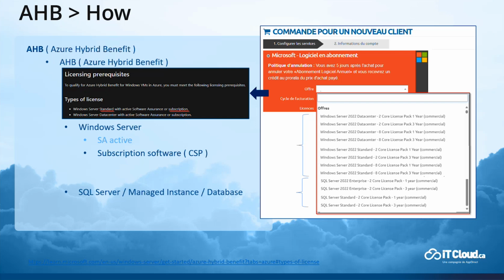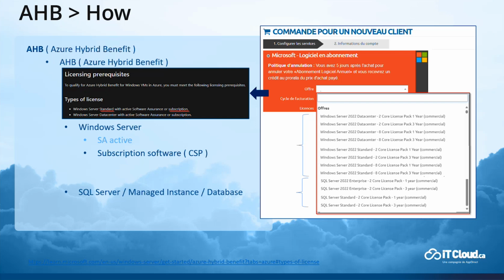Another question will be from other distribution channels. Can my customer bring their own license to Azure? For example, if my customer has an OEM license or a retail MSDN license, unfortunately, the answer is no. Licenses from other distribution channels are not admissible.